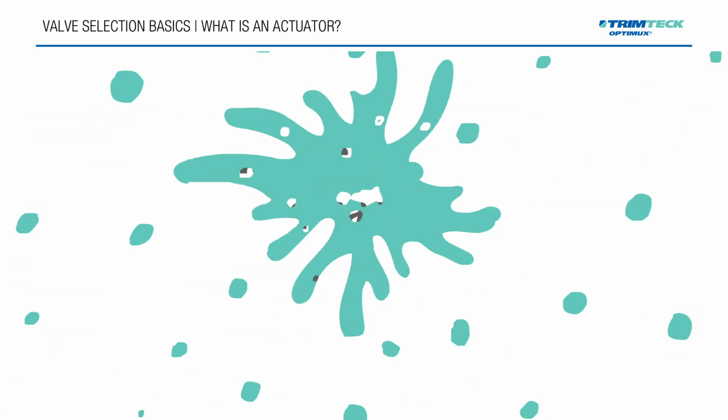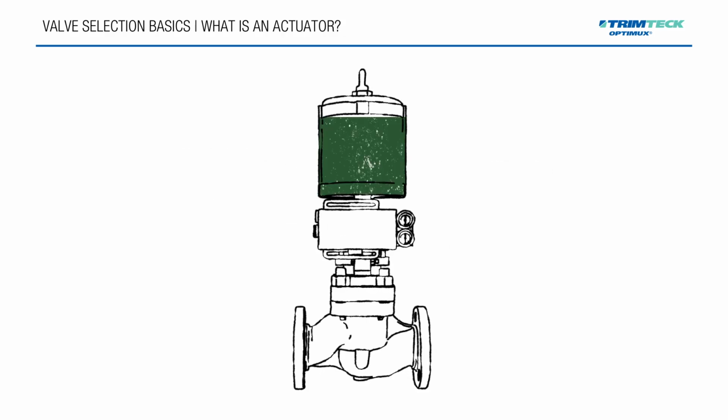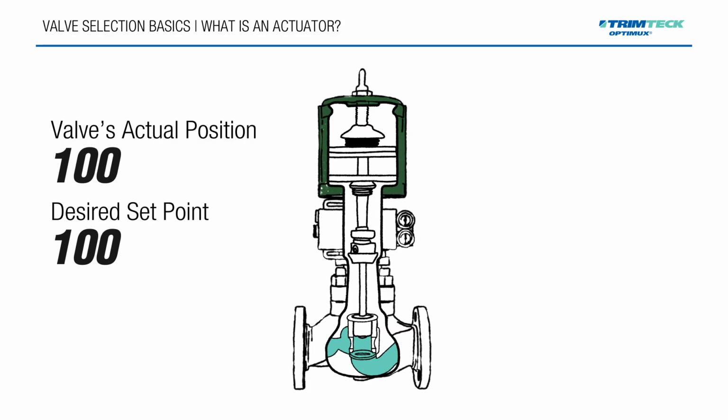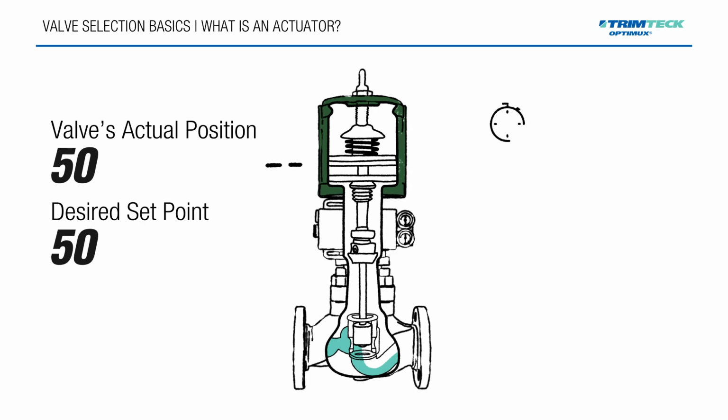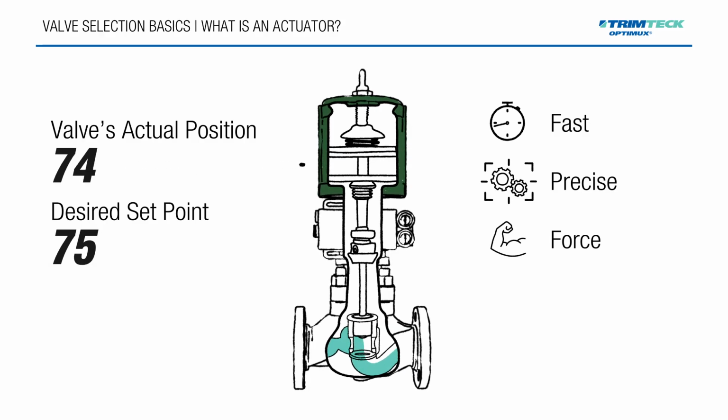Why actuators matter? In modern process systems, conditions are constantly changing, and the valve must respond quickly and accurately. The actuator determines how fast the valve responds, how precisely it positions, and how much force or torque it can deliver.